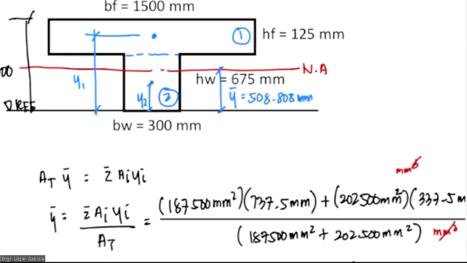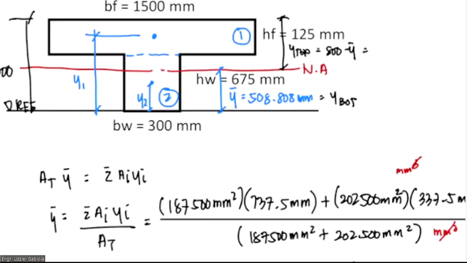So we can actually call this one our y bot. Okay, and for the y top, you just need to subtract from the total height, which is 800, the value of bar y. So that will be 800 minus 508.808.